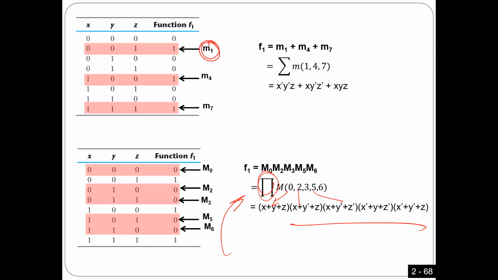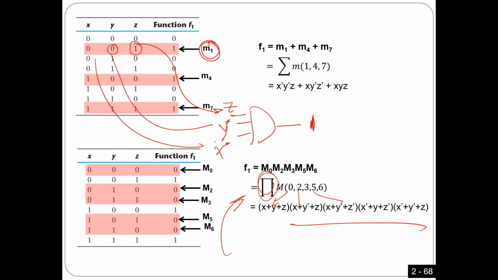I told you, anyone that has a 1, because I want to get a 1 out of it, if it is 1, I'm gonna put it without prime. Anything that is 0, I'm gonna put it with prime.